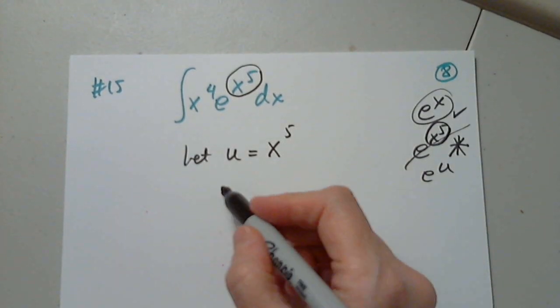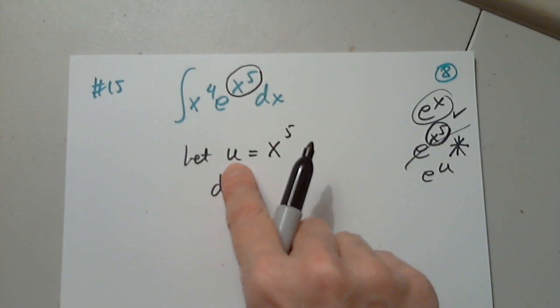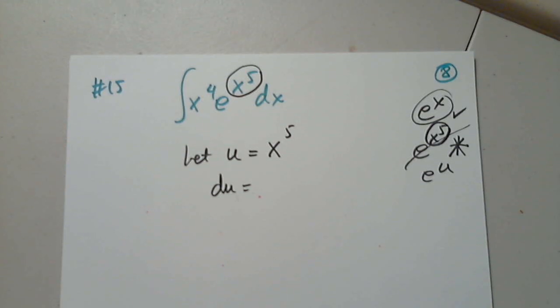Okay, remember we need the du. We cannot continue before we determine du. Can anyone determine for this function du, which is not the derivative? It's the differential. Can anyone give us the differential for this function?